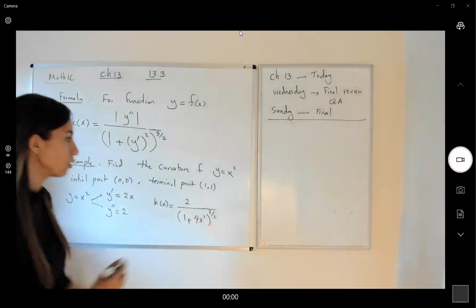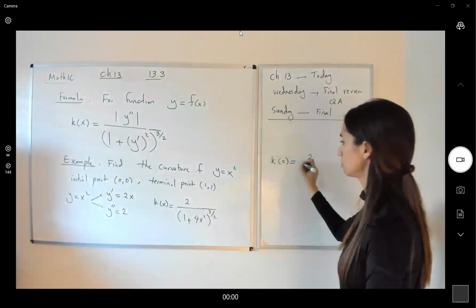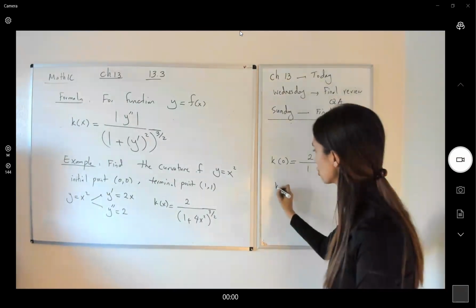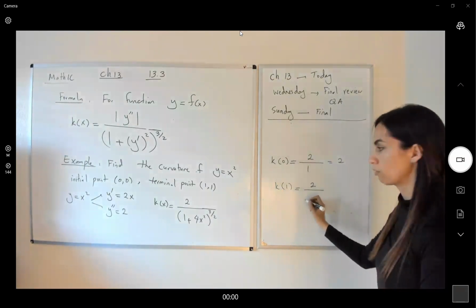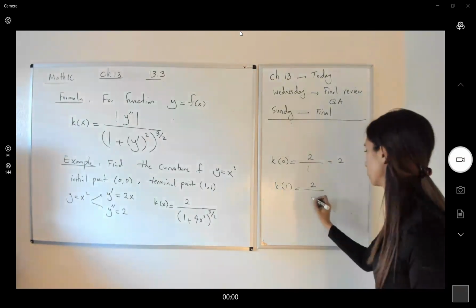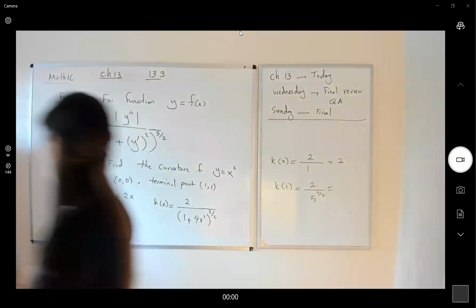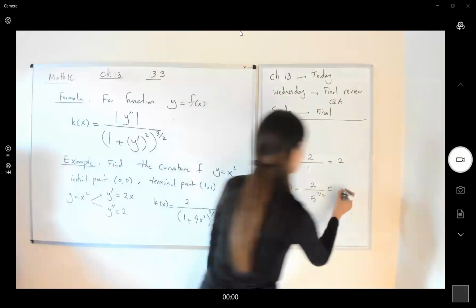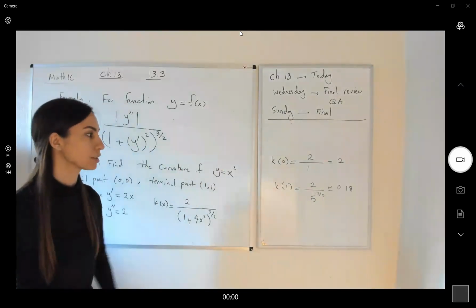When x is equal to 0, the curvature at 0 is 2 divided by 1, or 2. The curvature at 1 is equal to 2 divided by 1 plus 4, so 5 raised to 3 halves. Let us just approximate this: 0.18. We can find the rest of the curvatures.